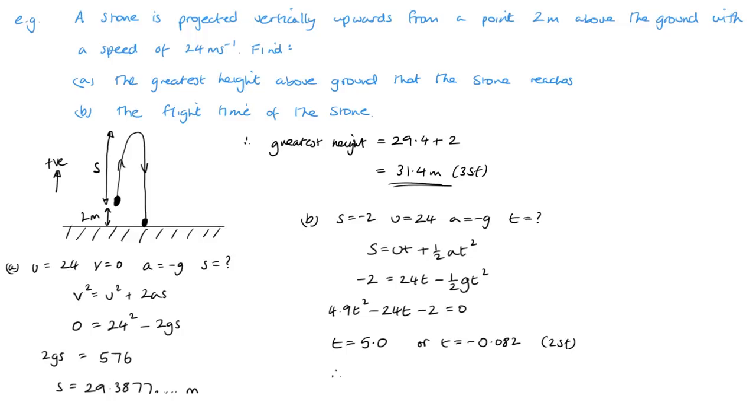So therefore, time of flight equals 5.0 seconds to 2 significant figures. Okay, so I've used 2 significant figures there. I've just used my own judgment. Even if I did 3 significant figures, it would just be 5.00. Even, you know, if I did it to the whole number, it'd be 5.